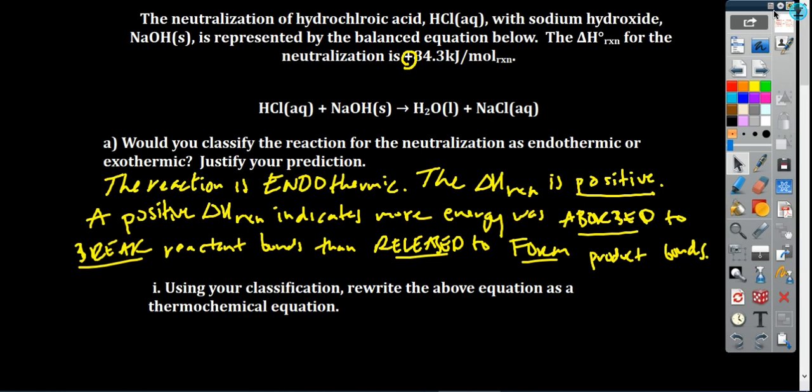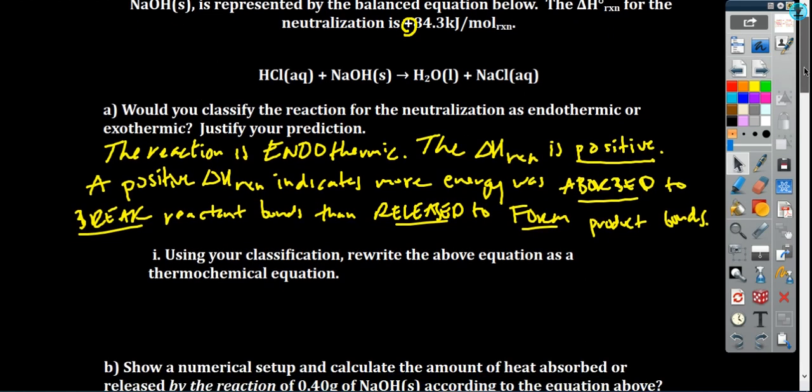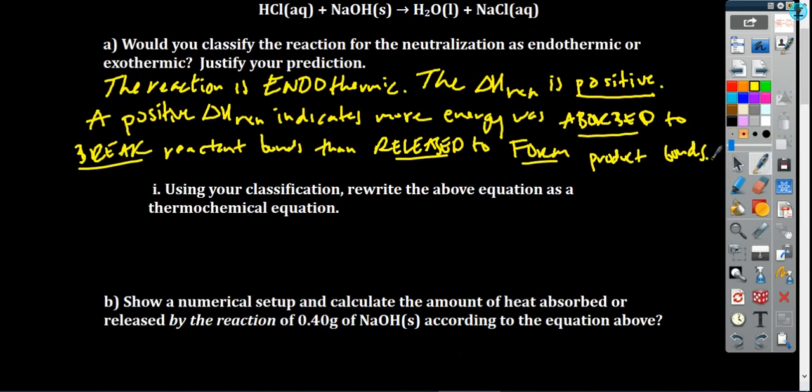Subpart I. Using your classification, rewrite the above equation as a thermochemical equation. Okay, so a thermochemical equation is going to have the heat term included into the equation itself. And as you think about this reaction, we've already identified that it is endothermic, which means that the heat term is going to go on the reactant side.